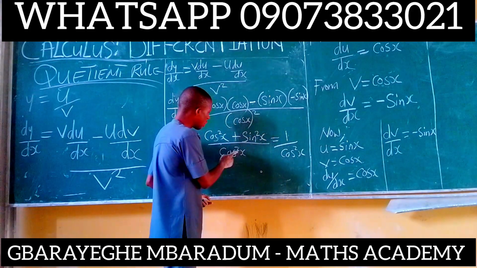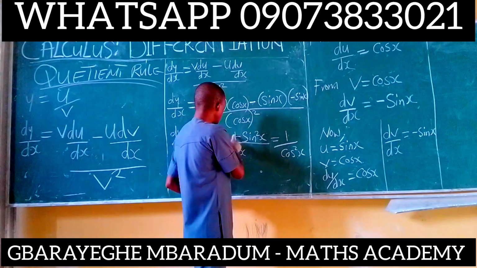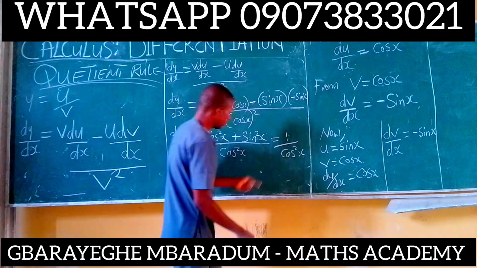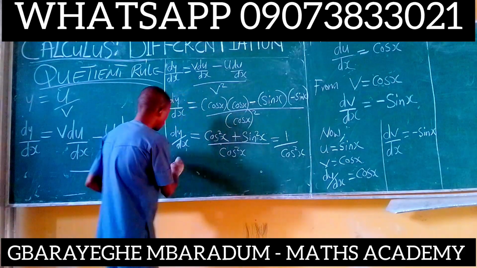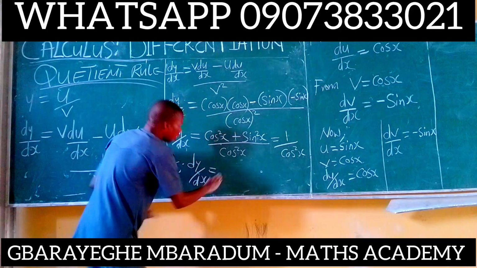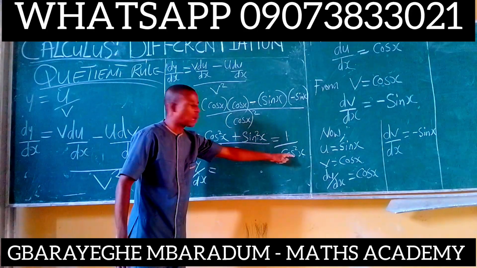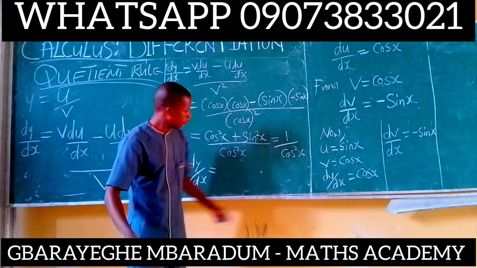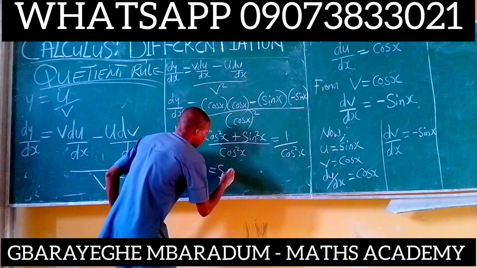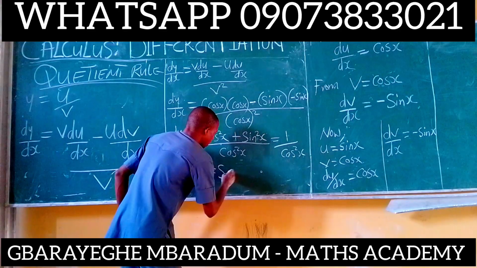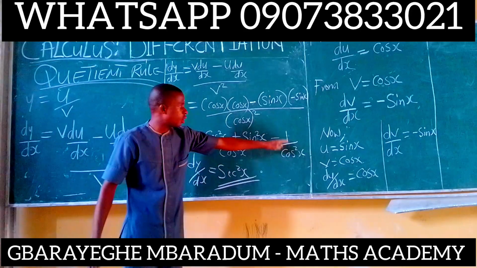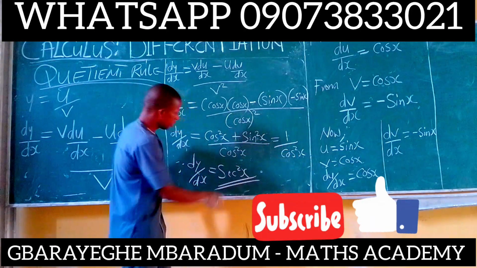Now we have cos square x plus sin square x, which equals 1, at the numerator. Therefore, our dy over dx equals 1 over cos square x, which is a trigonometric identity. 1 over cos square x is sec square x.